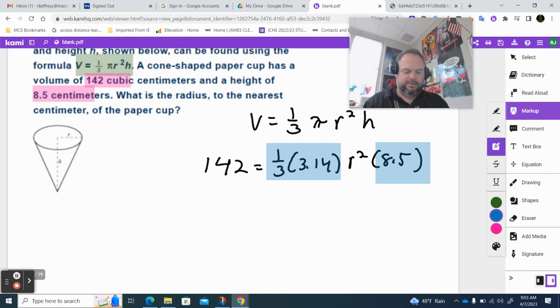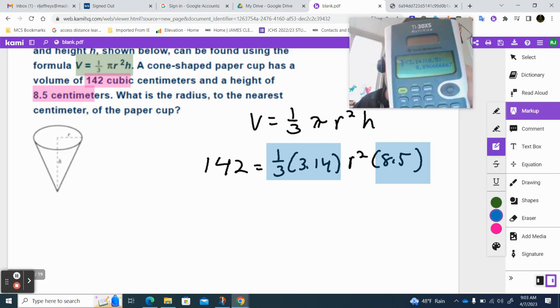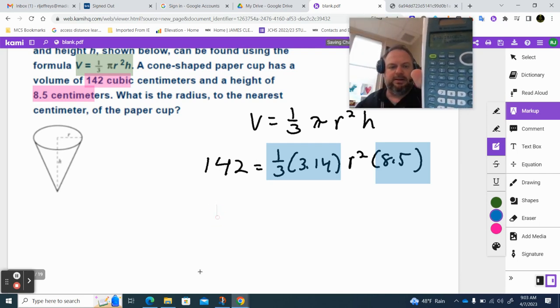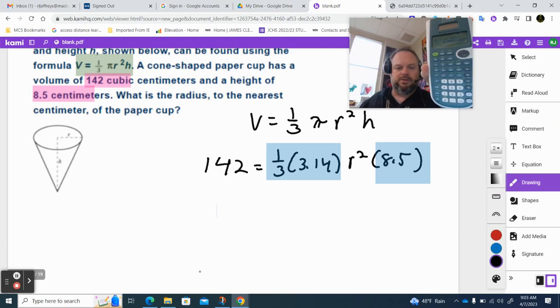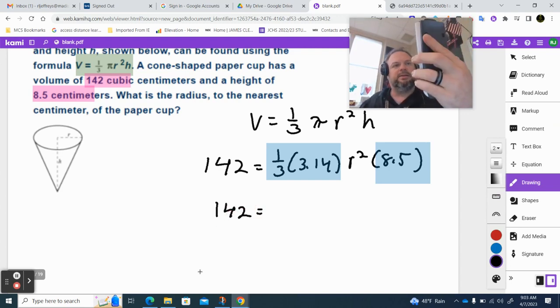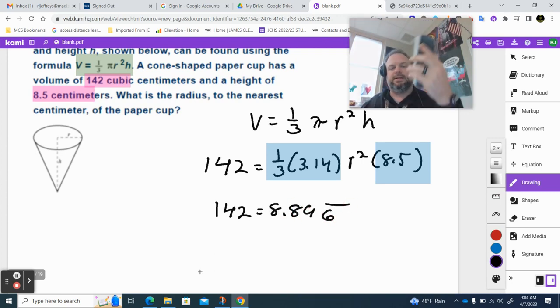And 8.5. Okay. So we get this big, gnarly, gross decimal thing right here. And I know y'all don't want to sit there and waste time writing all that down, because it's like 8.896 repeating. And we still got r squared.